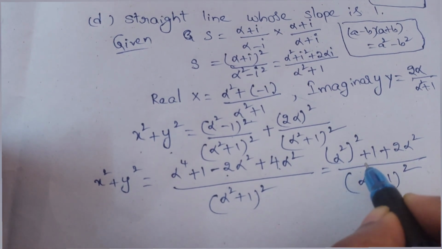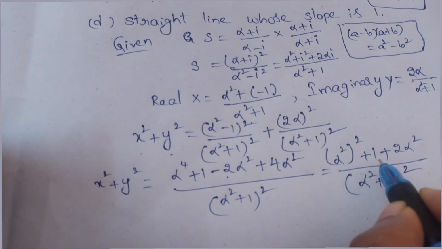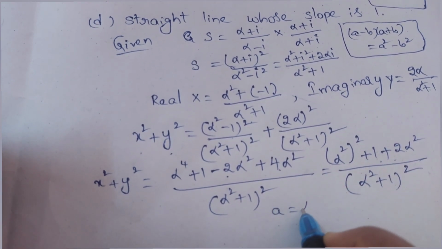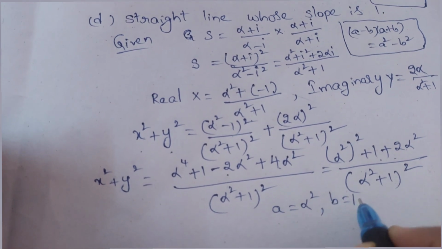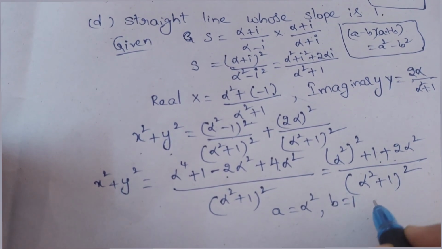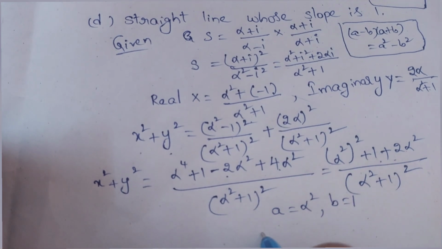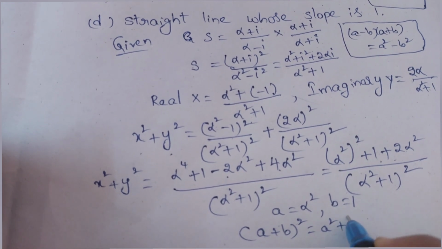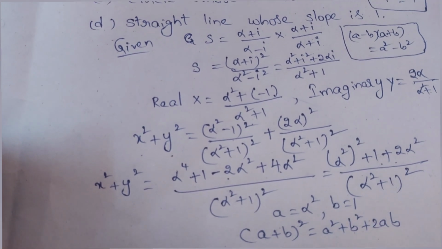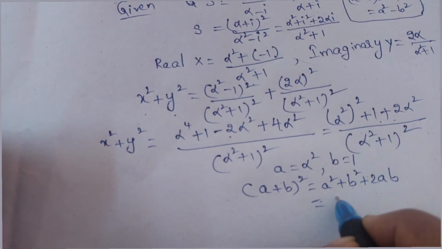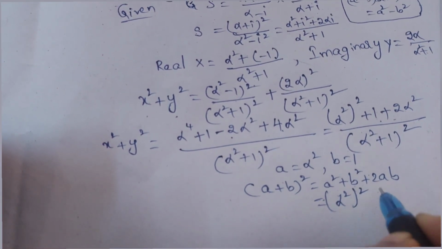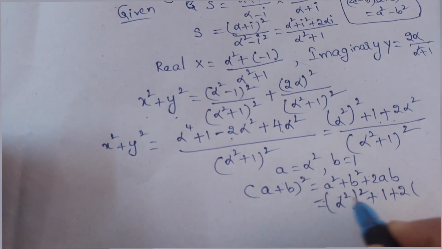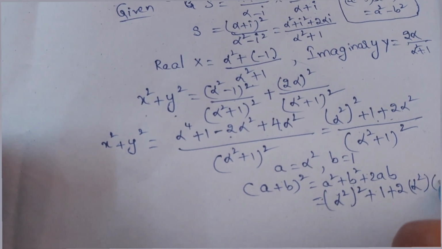If we observe this numerator, it is a square plus b square plus 2ab. Here a is alpha square, b is 1. In the formula, a plus b whole square is a square plus b square plus 2ab. Substituting a as alpha square: alpha square whole square plus b square, 1 square, that is 1, plus 2 into alpha square into b, that is 1.